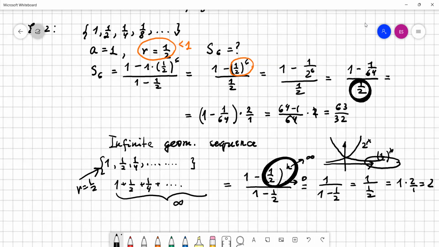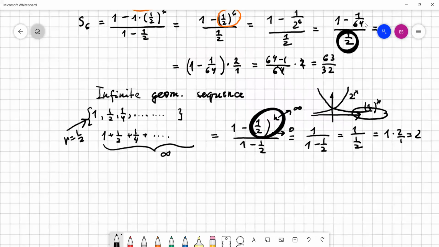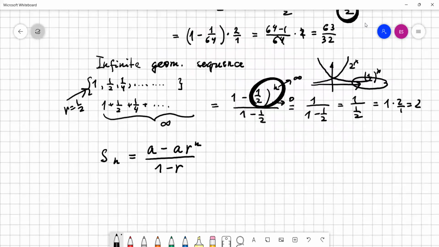Interesting, right? General formula. So for Sn, we have a times 1 minus r to the power of n, over 1 minus r, right? For infinitely many, for S infinity, we're going to have a over 1 minus r.